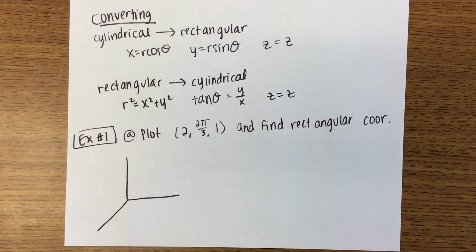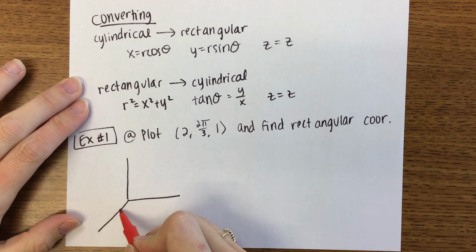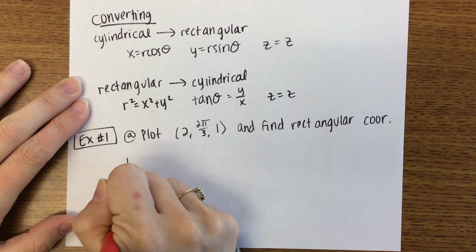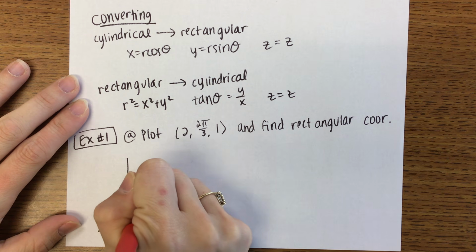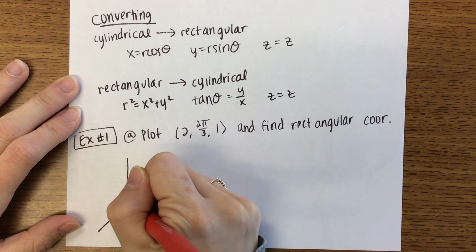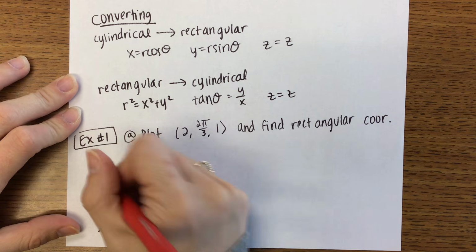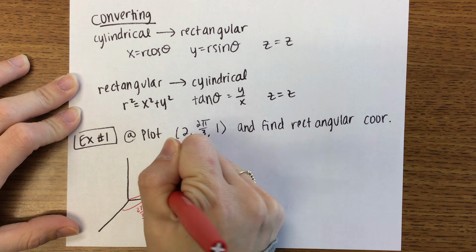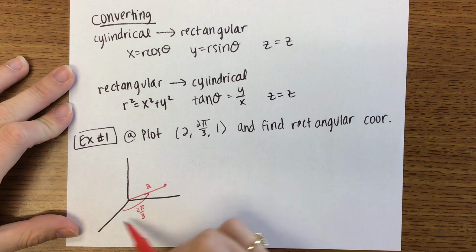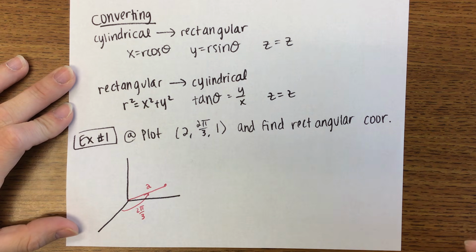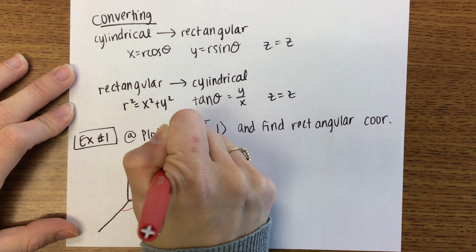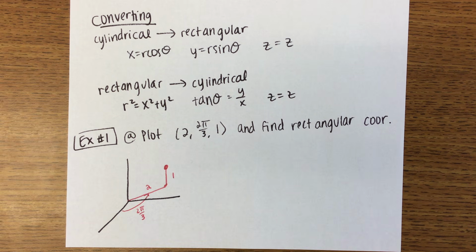I'm going to do the theta first. So theta is always from the positive x. We'll be rotating 2 pi over 3. So that puts us somewhere over here. Once we're over here, we'll be coming out a radius of 2. So this is still on the XY plane. It's hard to draw it in perspective though. And then we'll be going up 1. So that is our point.